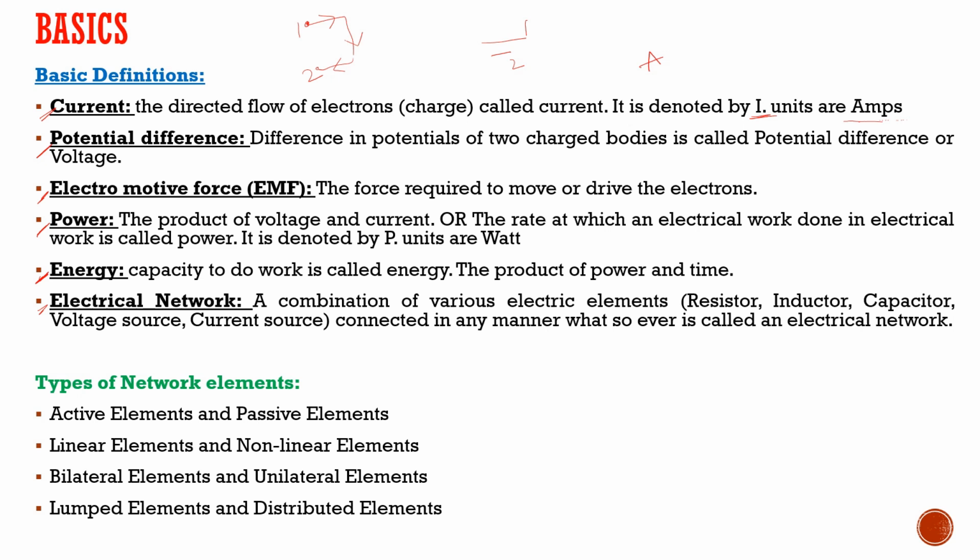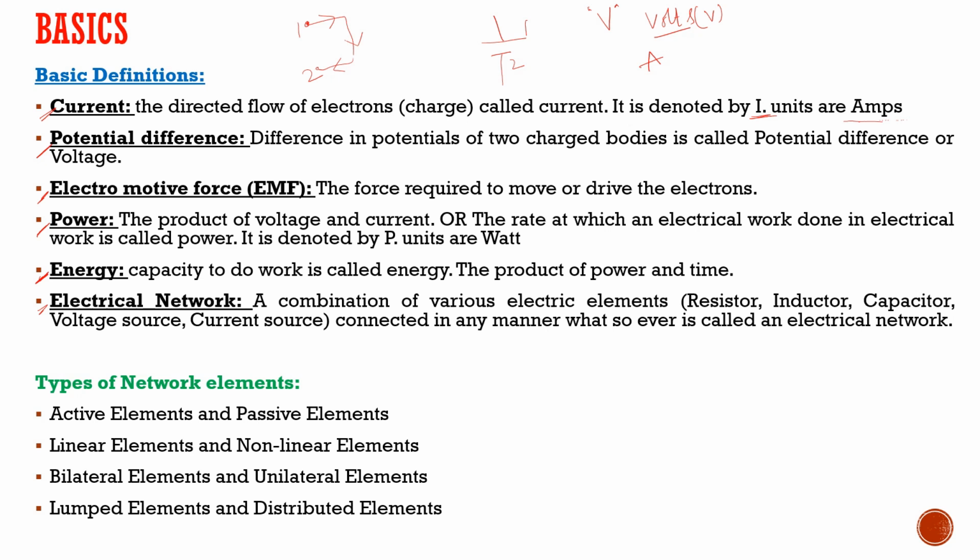So the difference in potentials of two charged bodies is simply called as potential difference. And this potential difference is also called as voltage, simply denoted by the letter capital V or small v. Depending on our requirement, we will use capital V or small v, and the unit is volts, simply V.